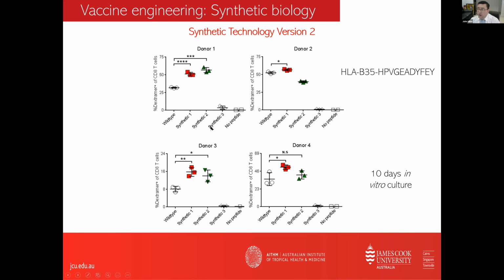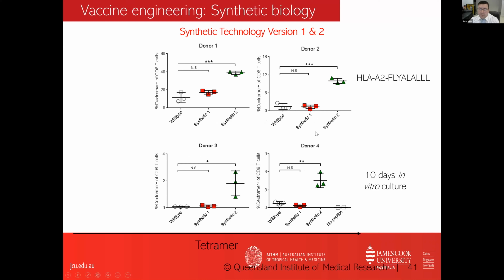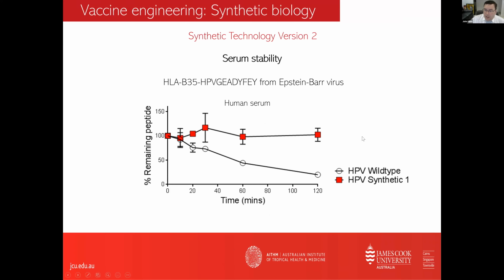Here's another peptide that we tried, and this time, this one likes synthetic 2. And we're getting good significance there. And again, the human serum tests, 100% after 2 hours for this peptide. So they're very, very stable.